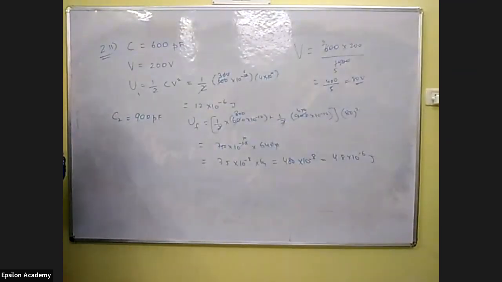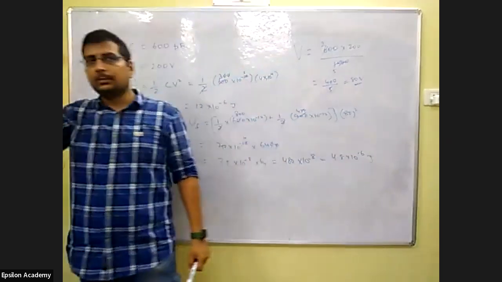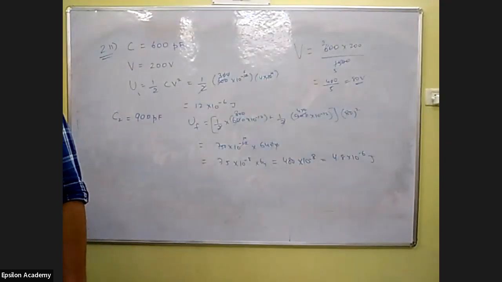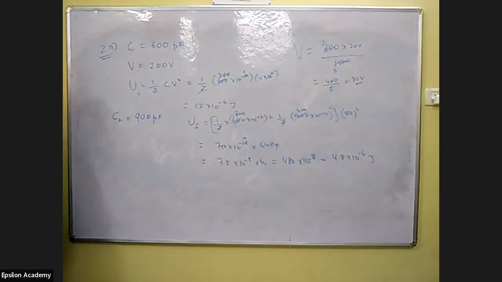So wherever you see a question which is based on loss, it is always initial minus final. Okay, gain is final minus initial. So we've added the loss. Clear? I hope it's clear, right?